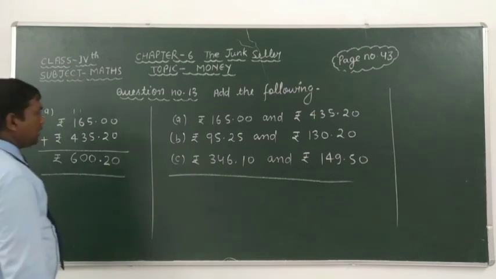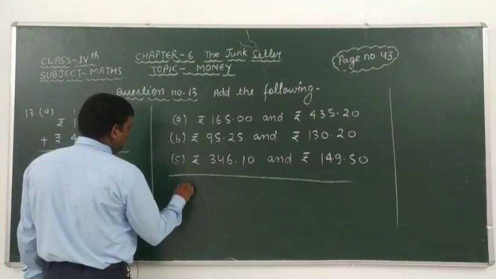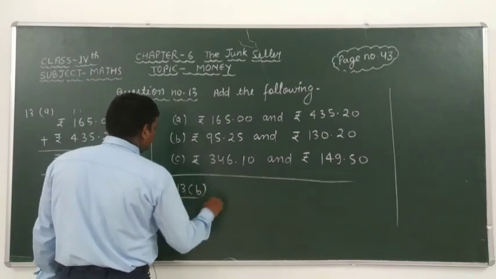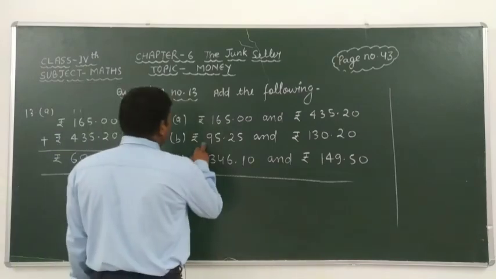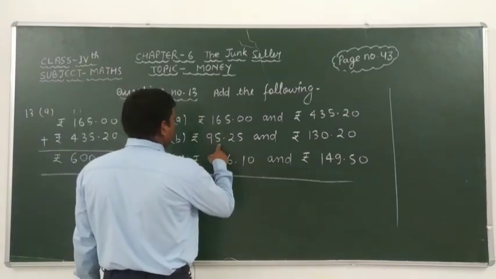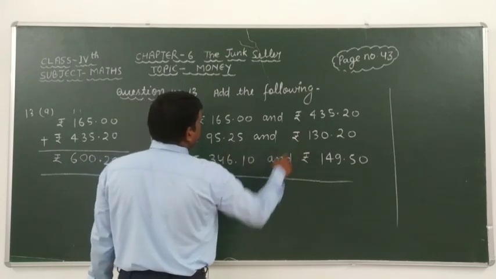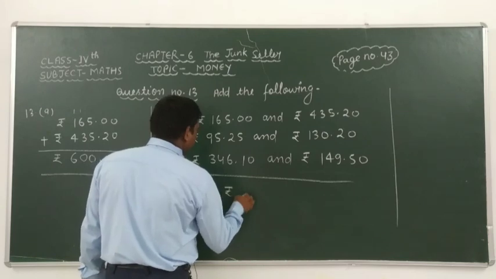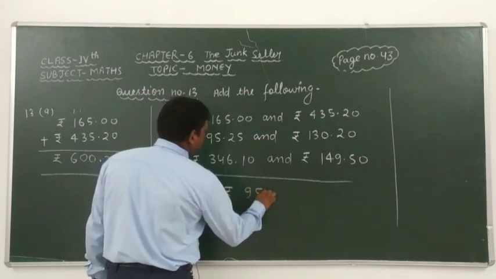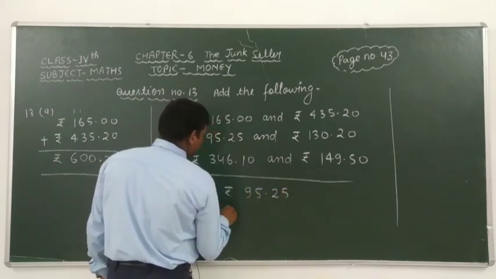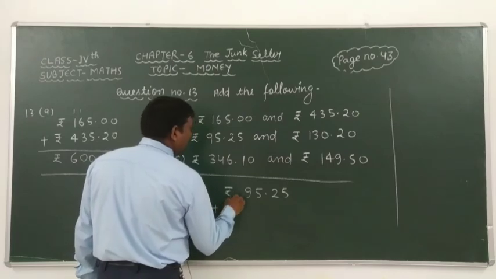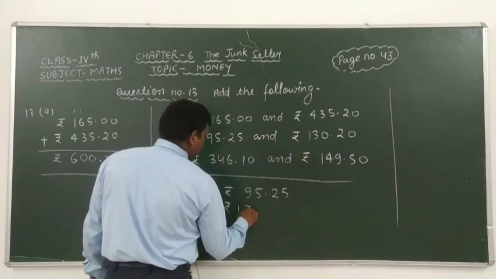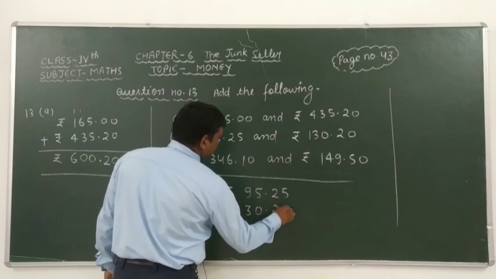Understand? Now let's start question number 13 of B. Here given that rupees 95.25 and rupees 130.20. Look, here we have to add rupees 95.25 and rupees 130.20.